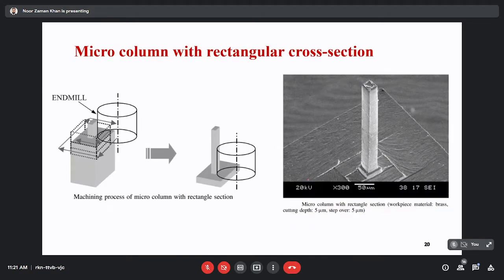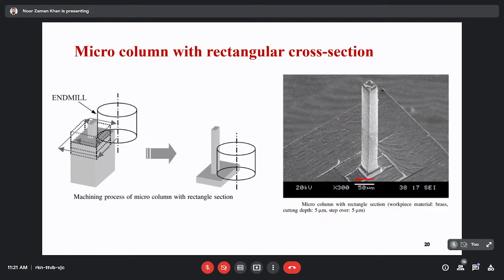Micro column with rectangular cross section. If we compare with this white bar, the length of this bar is 50 micrometer.